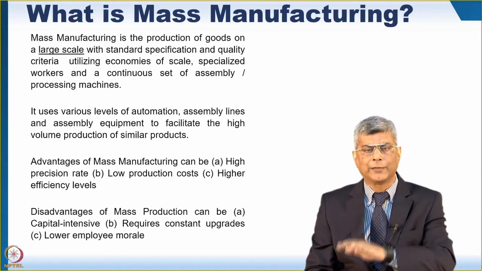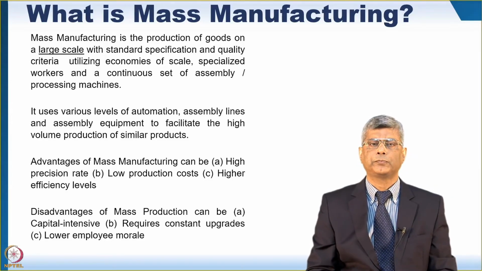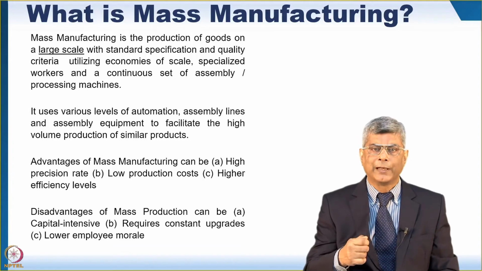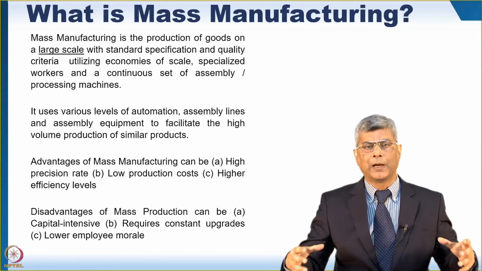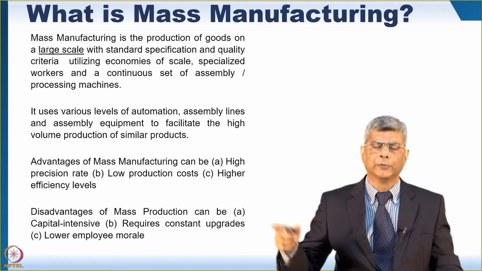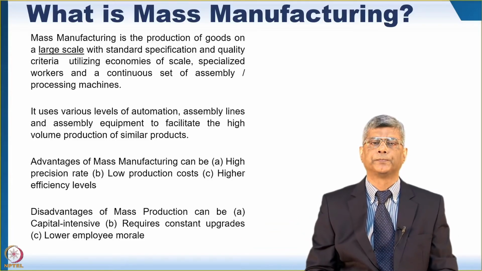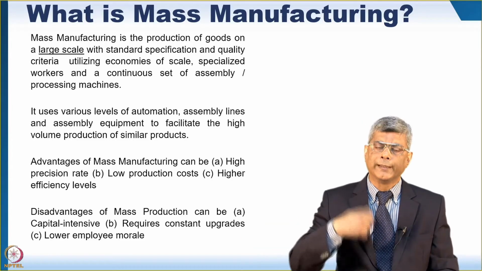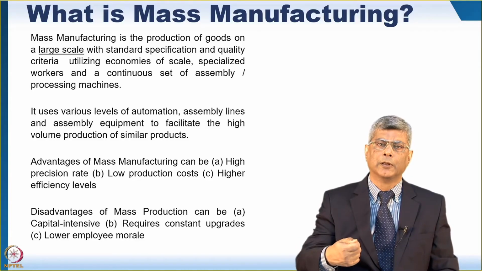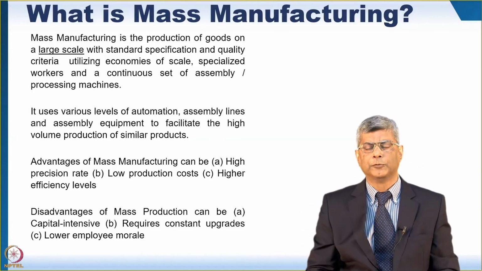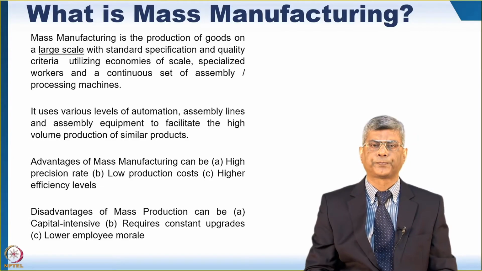But what's the disadvantage? The disadvantage is you have to invest a lot of money in creating that assembly line, examples of which I'll show you later. It takes money. Also, it needs frequent upgrades, because as you upgrade the product, you have to upgrade your assembly line.